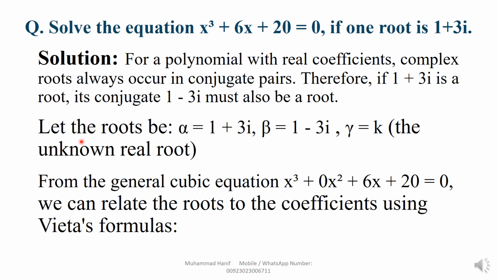Let the roots be alpha equal to 1 plus 3 iota, beta equal to 1 minus 3 iota, because the first value is given and the other is its conjugate. Now gamma equal to k, the unknown real root.